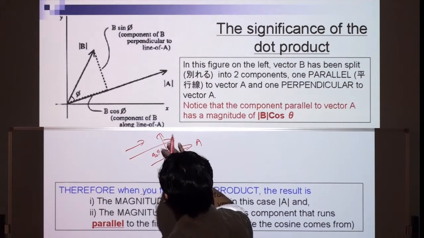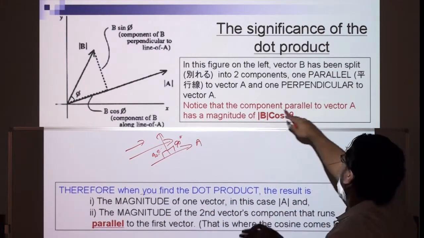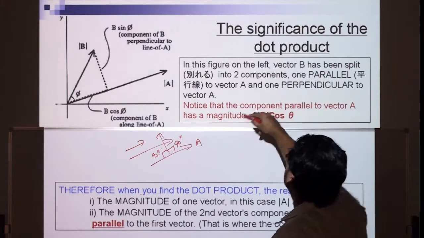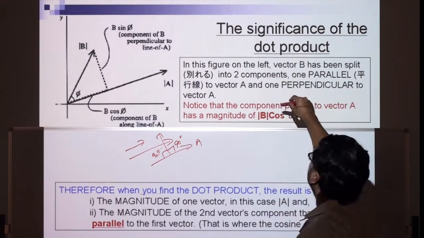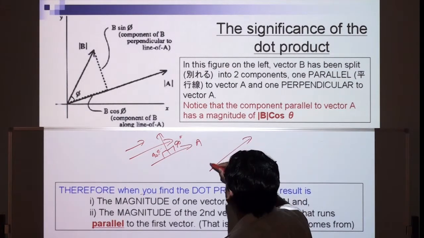Right, not percentage, 90 degrees. Notice that the component parallel to vector A has a magnitude of the absolute value of B cos theta. See what we've done here?